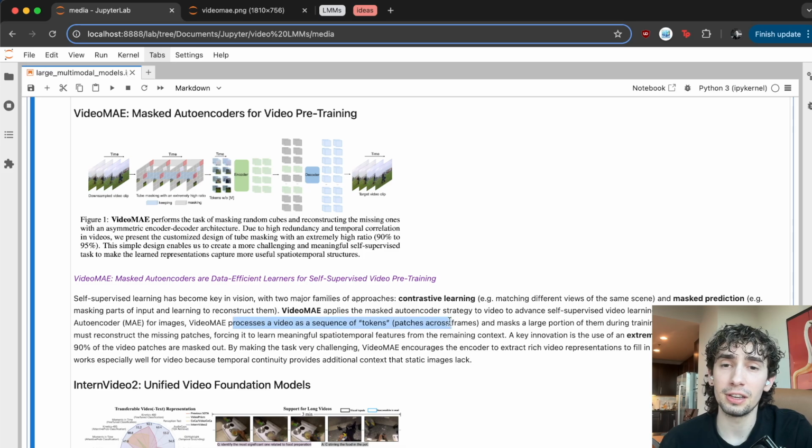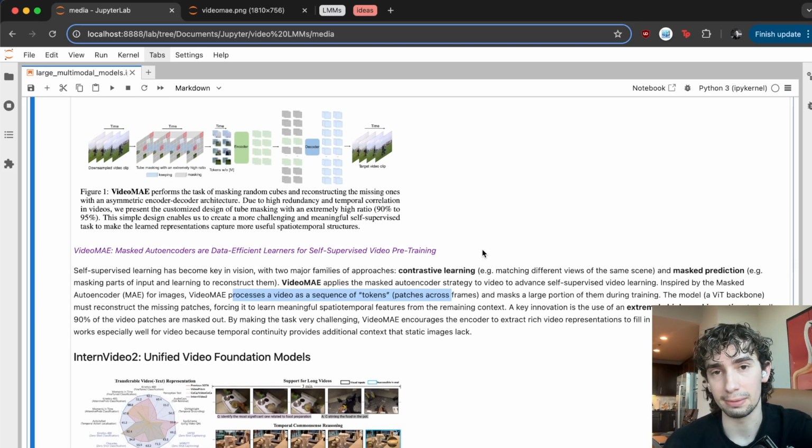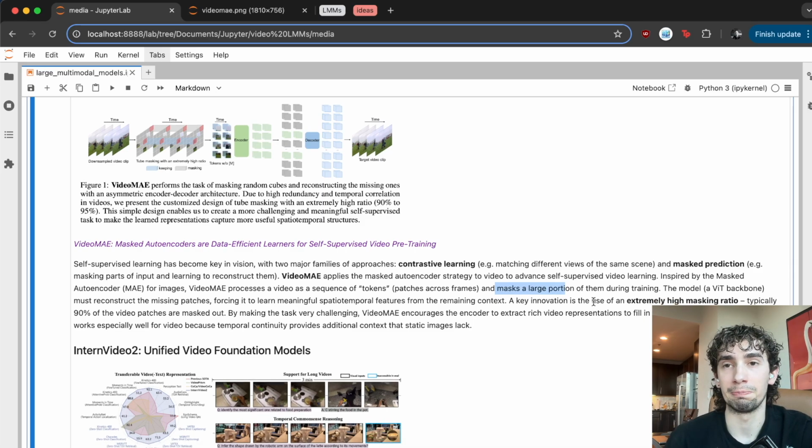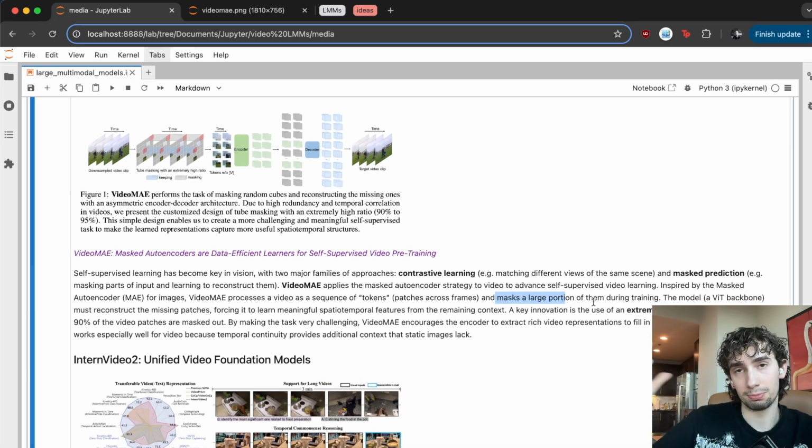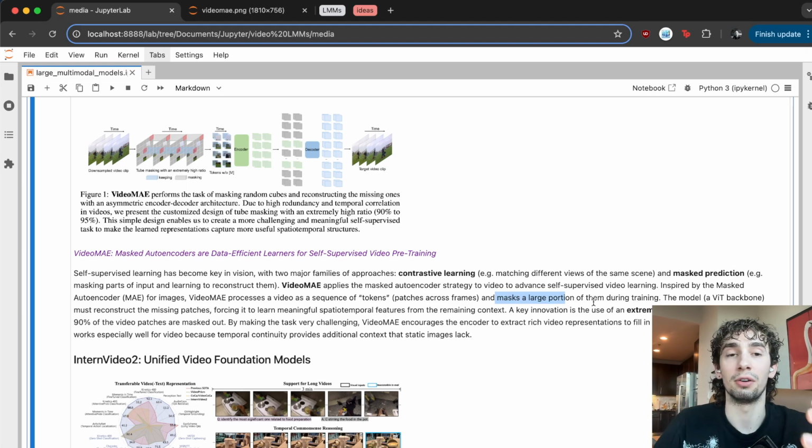It processes videos as a sequence of tokens, or the patches across frames, and masks a large portion of them during training, or essentially just takes out and replaces with blanks portions of these patches of the videos.